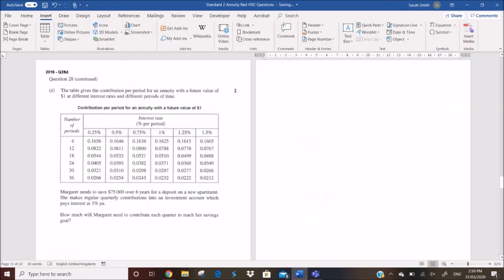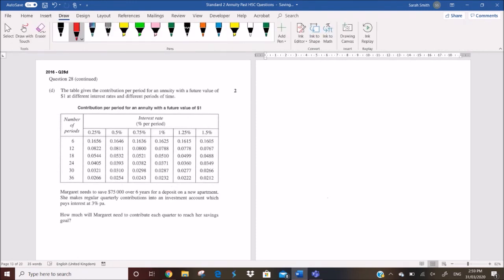Okay, so our table is giving us our contribution per period of an annuity with a future value of $1. So Margaret needs to save $75,000 over 6 years for a deposit on a new apartment. She makes regular quarterly contributions into her investment. How much should she be paying? So we're talking about quarterly investment.